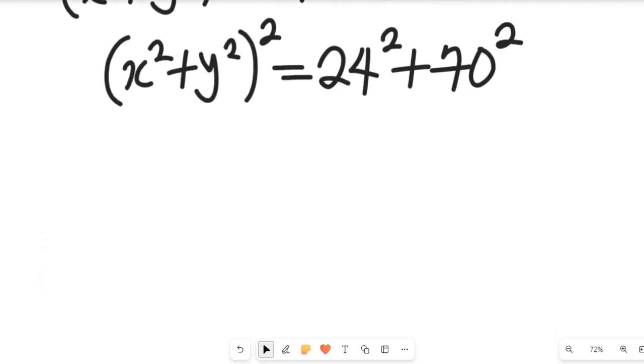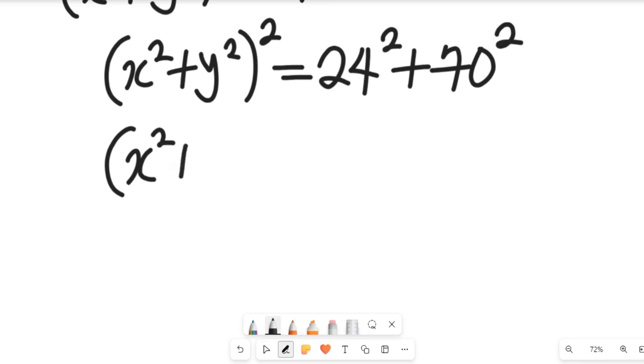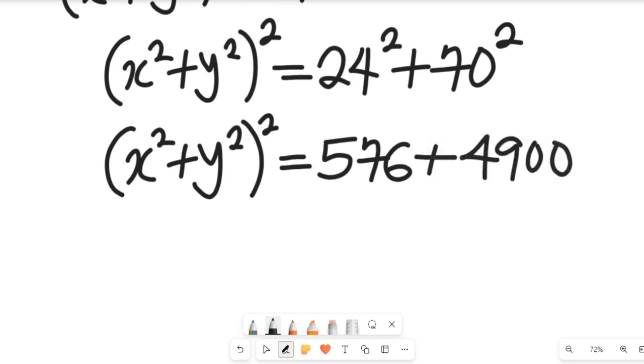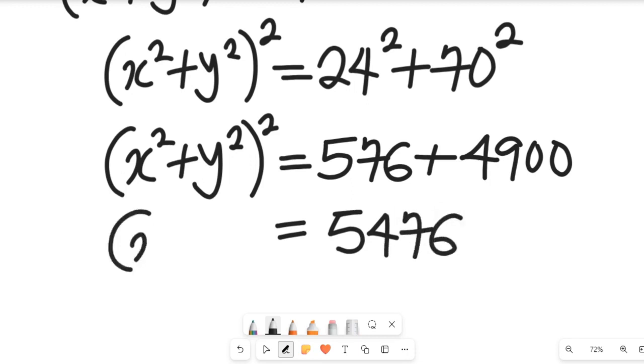So x squared plus y squared all squared equals 576 plus 4900, which gives us 5476.